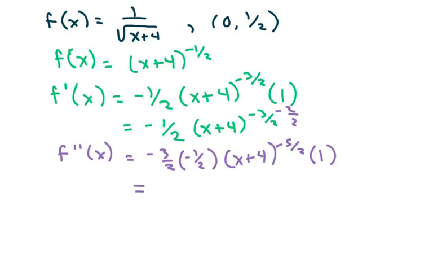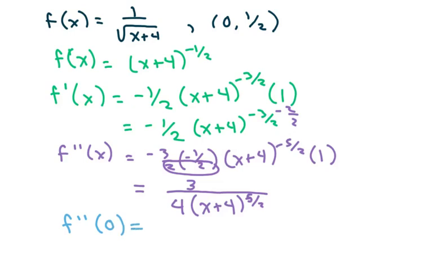So when you clean this up, we're going to get, 2 negatives make a positive, so it's going to be 3 over, when you multiply those two, that's 4, times x plus 4 to the positive 5/2.